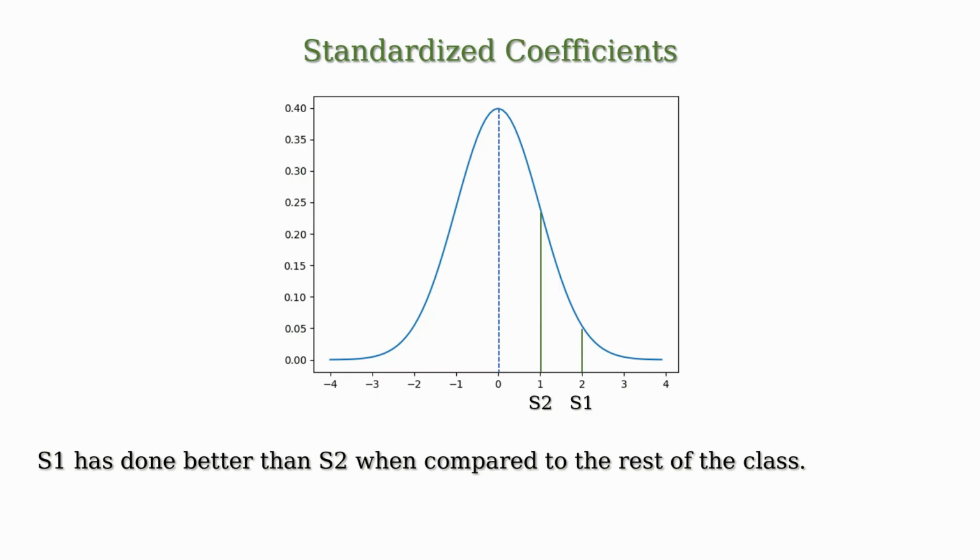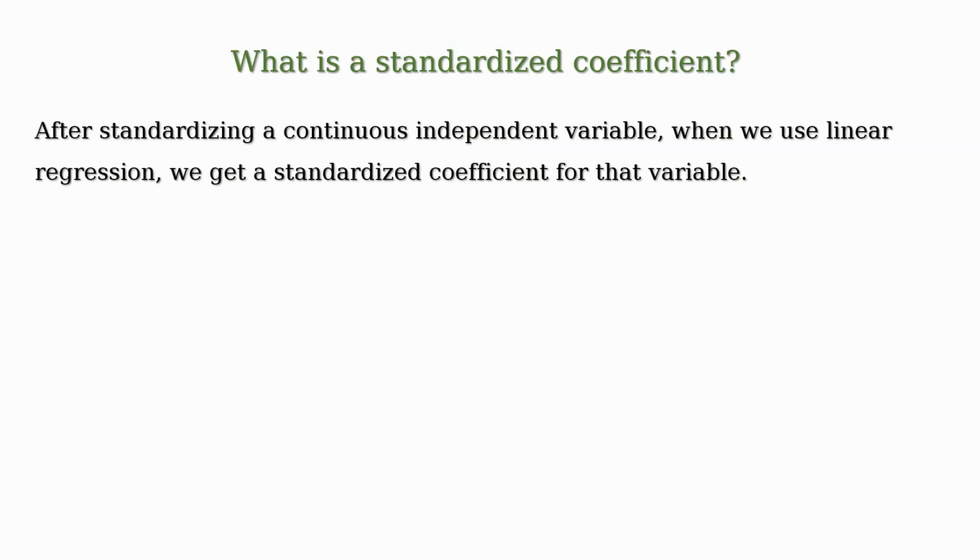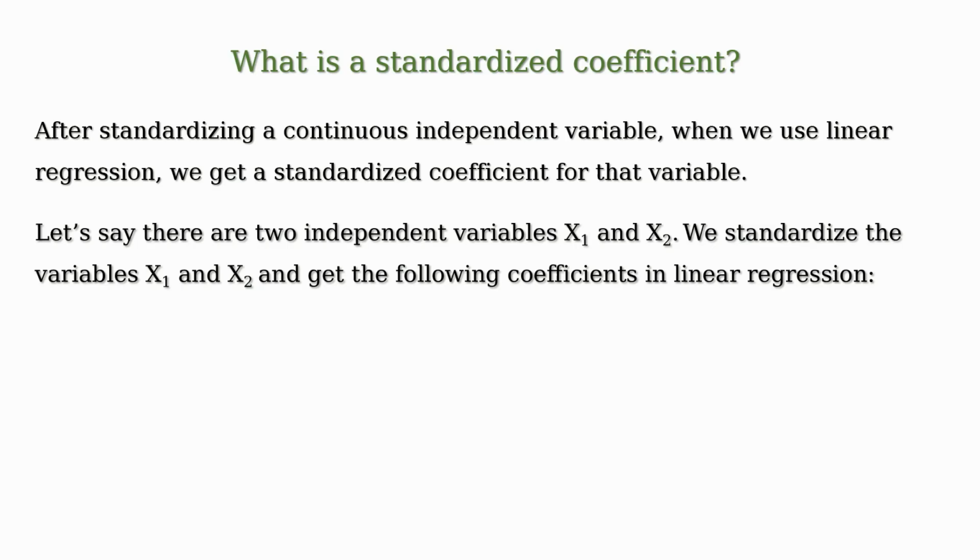What is a standardized coefficient? After standardizing a continuous independent variable, when we use linear regression, we get a standardized coefficient for that variable. So, let's say there are two independent variables x1 and x2.